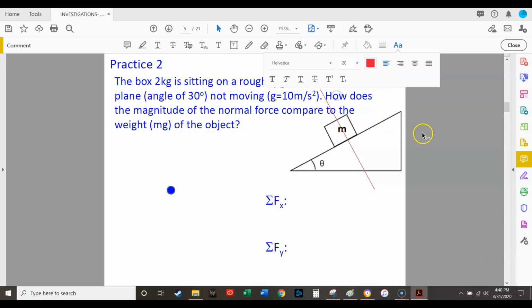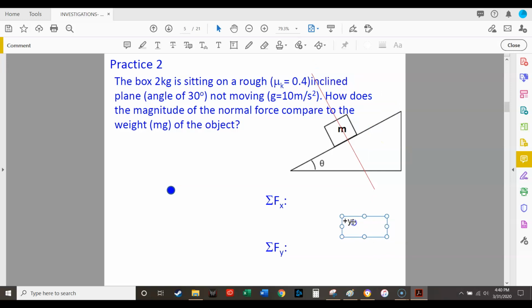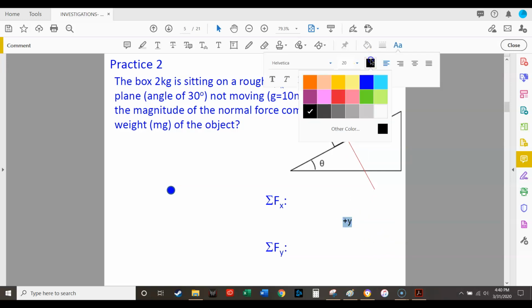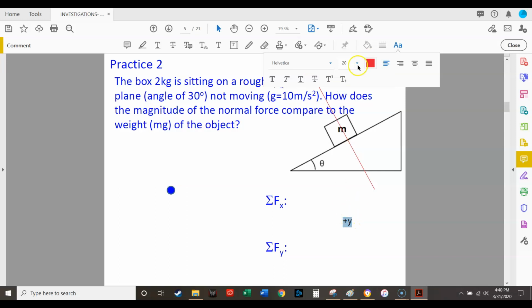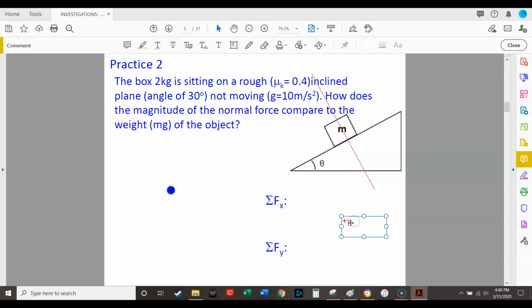Make it red. Now we're going to draw another line to represent the coordinate system for the x direction, which is perpendicular to the y direction.